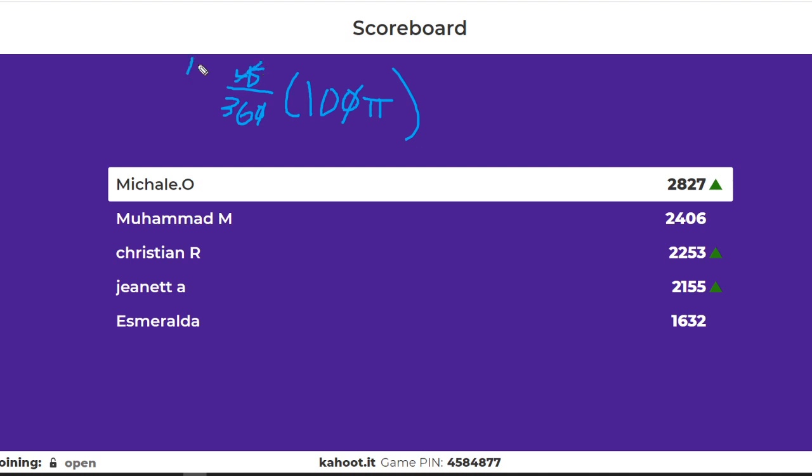So this becomes a 5, and this becomes a 4. So right now we have 5 over 4 times 10 pi. The 10 can be divided by 2, which is 5. So we end up with 25 pi over 2.